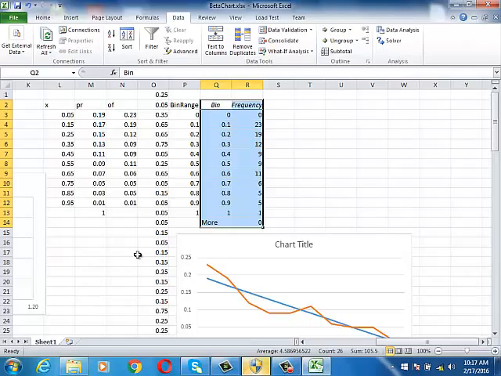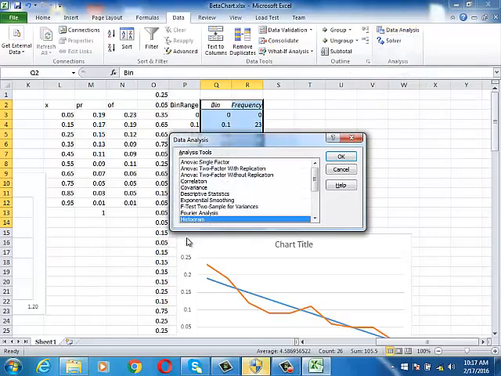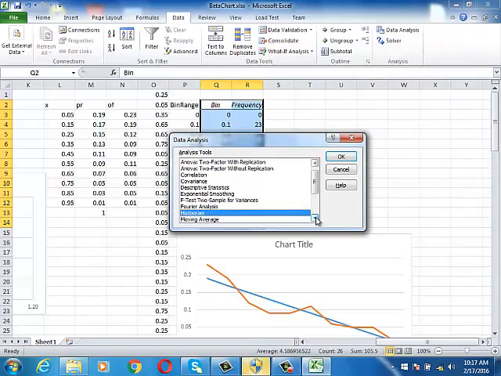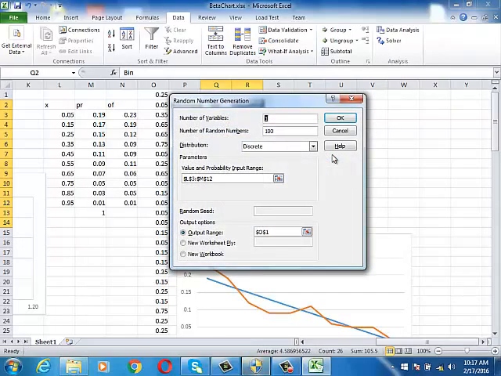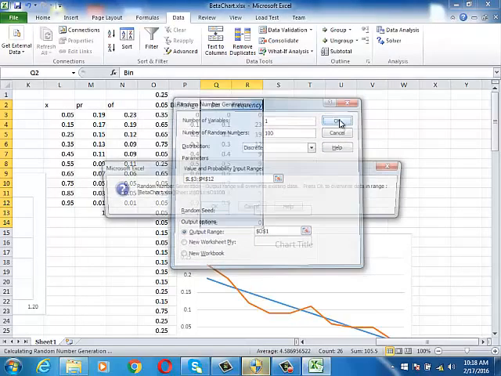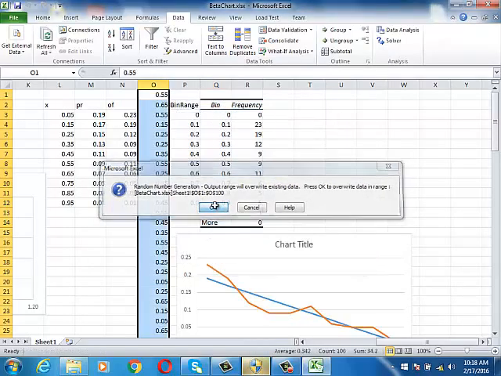Now the interesting thing is that we can make this more refined, and if you want, I can take another sample by going to random number generation. I think everything is okay. We can just keep it like this. Allow it to overwrite. Okay.